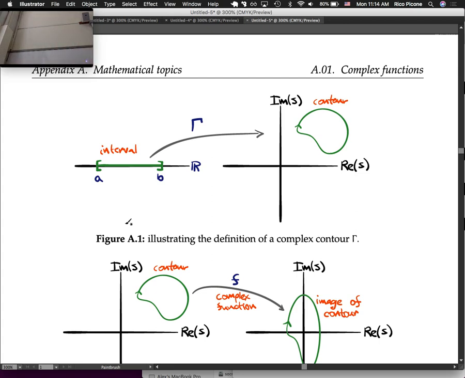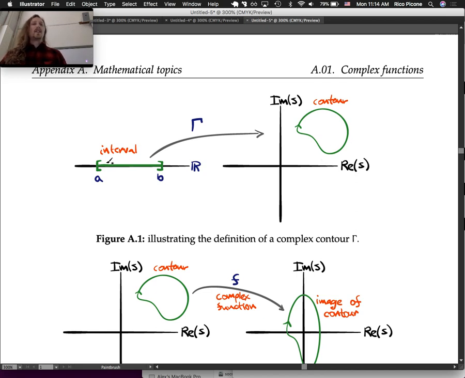Okay, so this is an interval here on the reals. And we want to take this interval and map it to the complex numbers. And this is really just kind of fun. It's geometric, right? So you've got this interval, and we're going to map it to a contour on the complex plane.